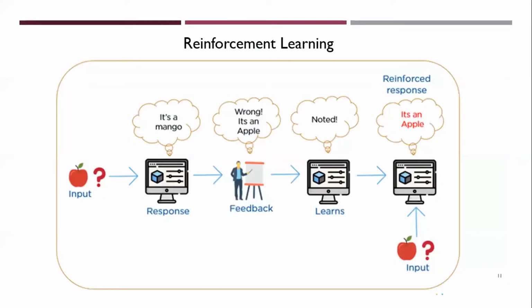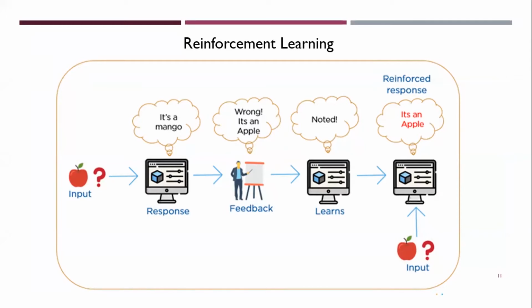And there's reinforcement learning. With that, the machine is not given lots of examples, but you show the item to it and you ask for a response. What is it?